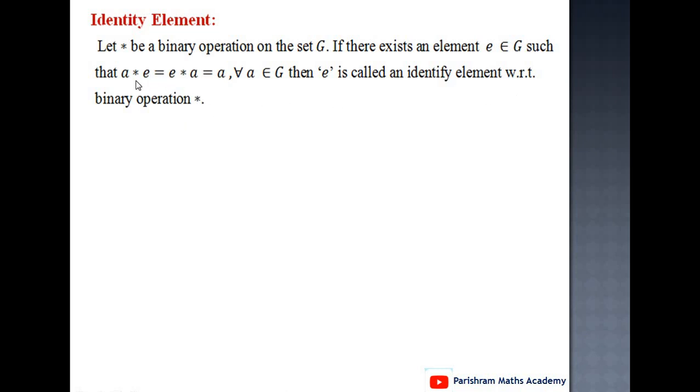It means for any element A belongs to G, if A star e equal to e star A equal to A, then e is called the identity element of G with respect to binary operation star.